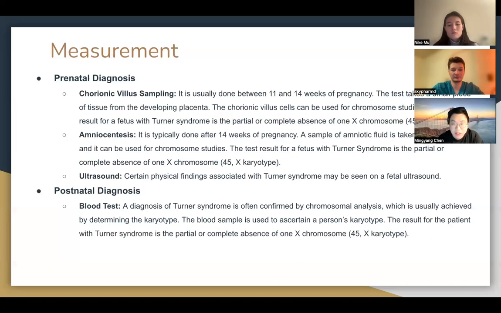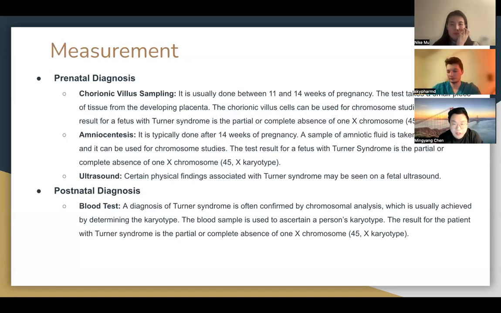It is typically done after 14 weeks of pregnancy. A sample of amniotic fluid is taken from the uterus, and it can be used for chromosome studies. The test result for a fetus with Turner syndrome is the partial or complete absence of one X chromosome. Third is ultrasound. Certain physical findings associated with Turner syndrome may be seen on a fetal ultrasound.